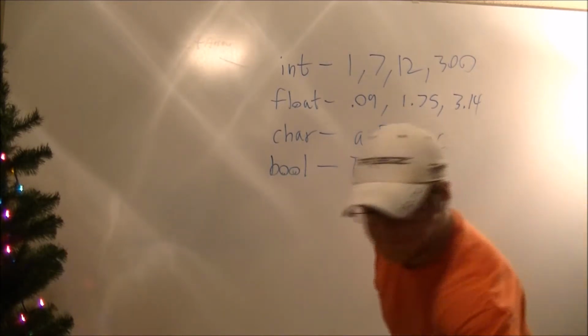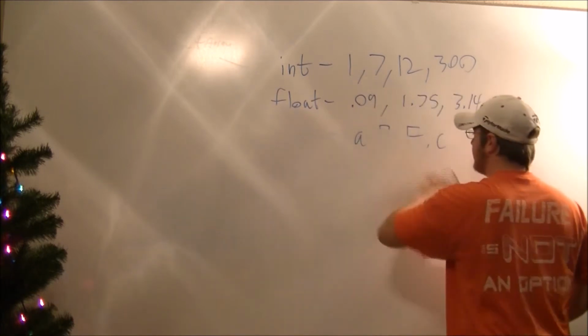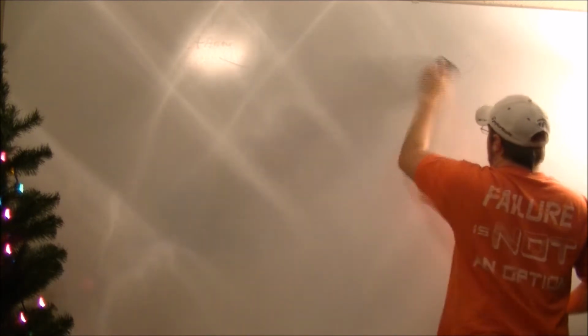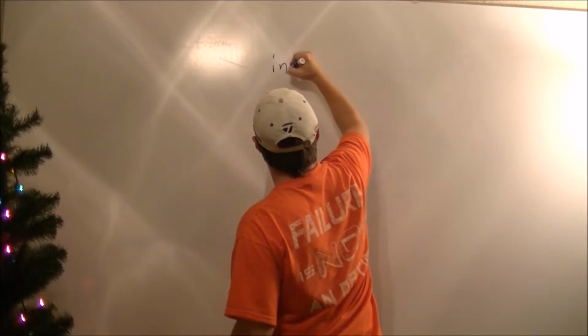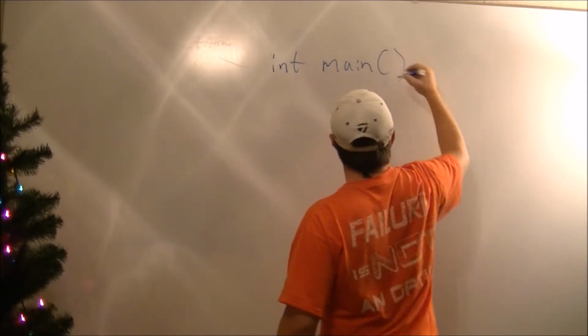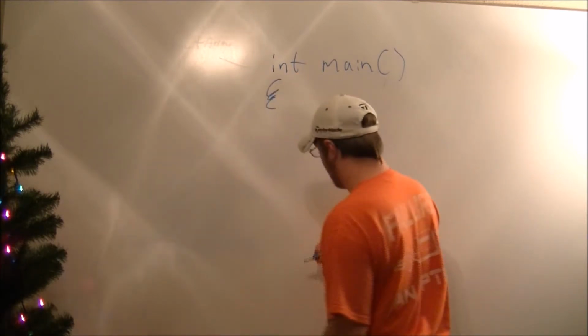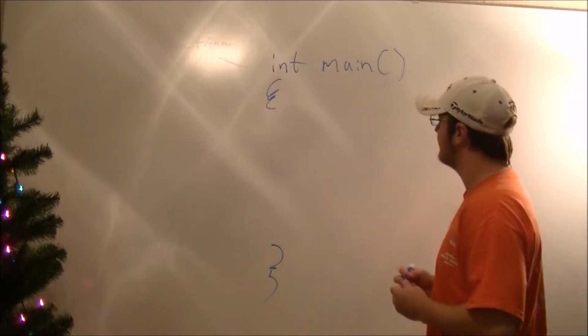Now, how do we use these in C++? So we might have something like the following. We'll have int main for our main program, and we'll have our opening bracket, and we'll just go ahead and put our closing bracket down there.